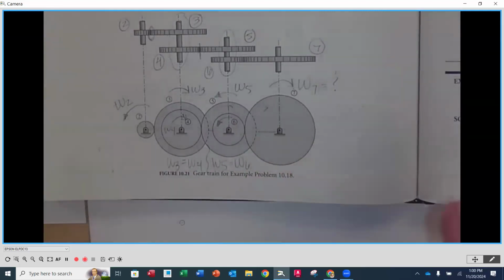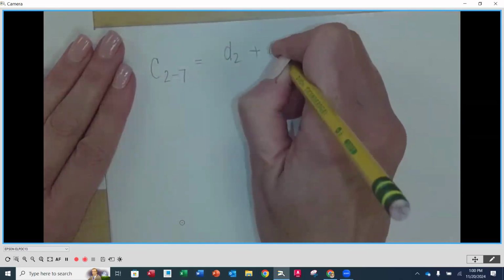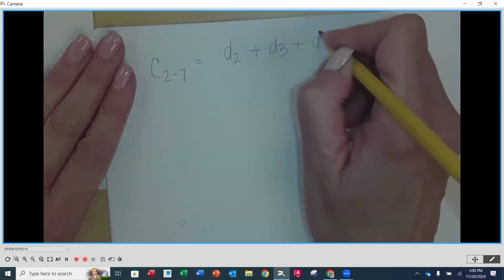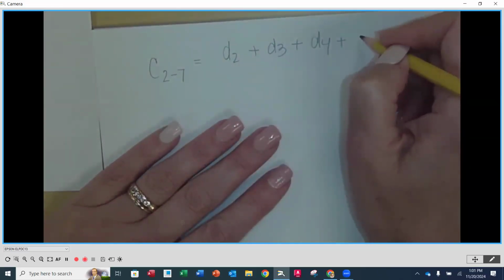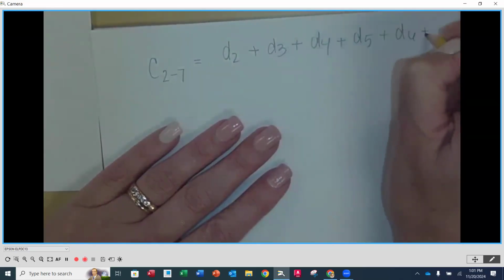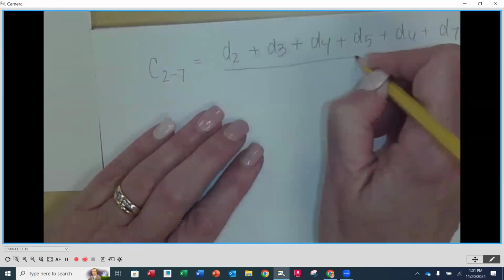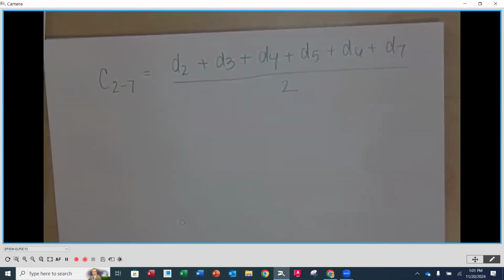But we can do that all in one equation. So we can say D2 plus D3 plus D4 plus D5 plus D6 plus D7, and we're going to divide that all by 2. You would continue however many additional pairs you would have if there was more in the train.